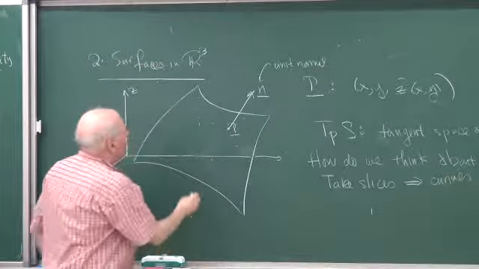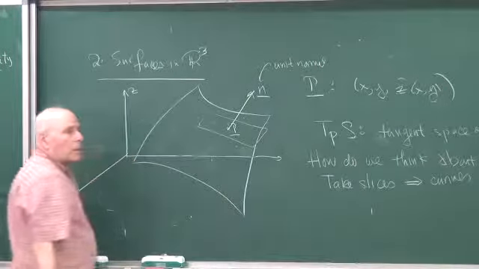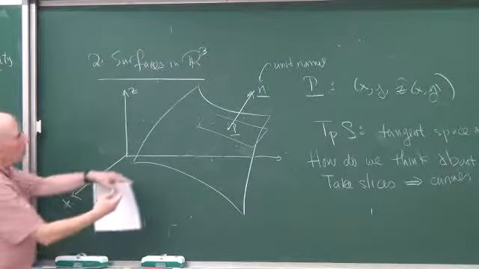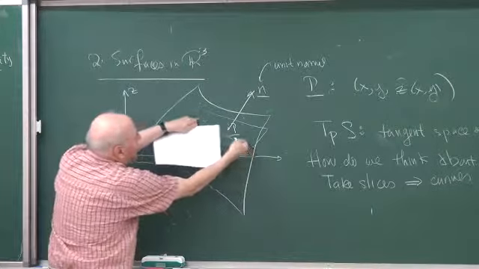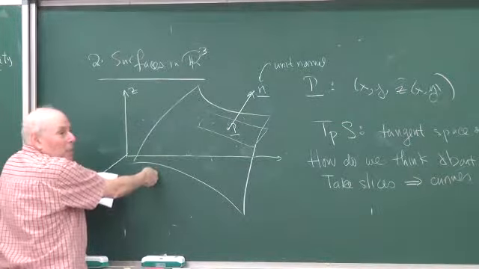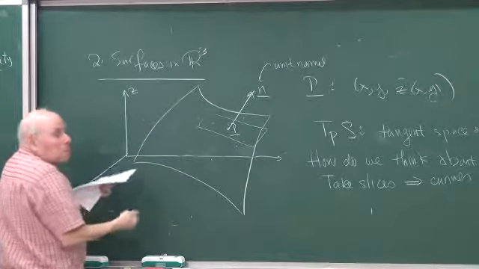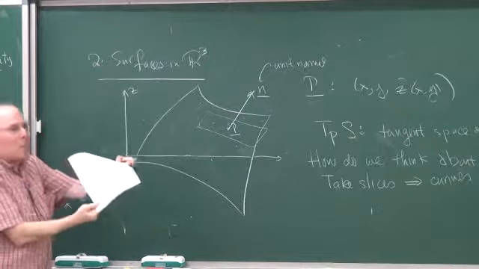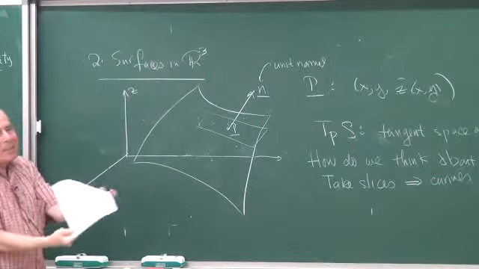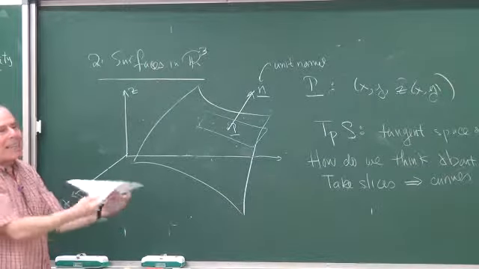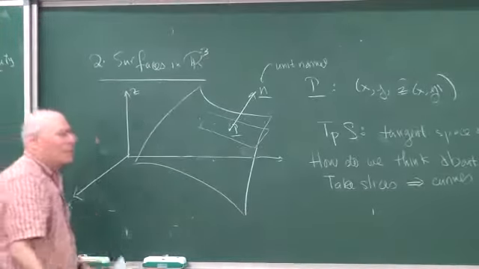And here's the tangent plane. So I'm going to take point P, move it to the origin, and then rotate so that the tangent plane is horizontal. I'm going to translate and rotate. You can't change whatever concept of curvature or geometric ideas by translating and rotating.